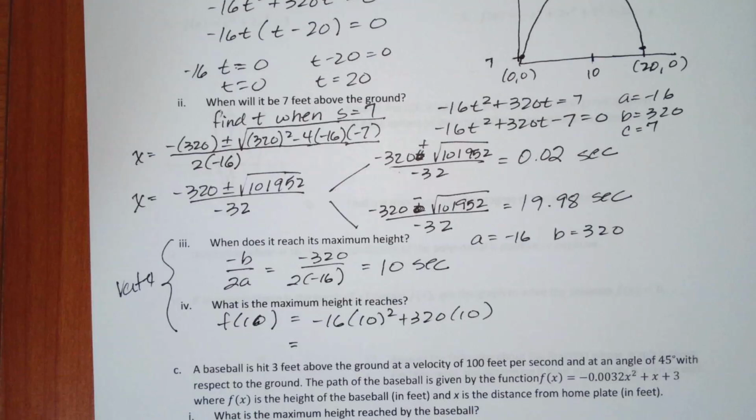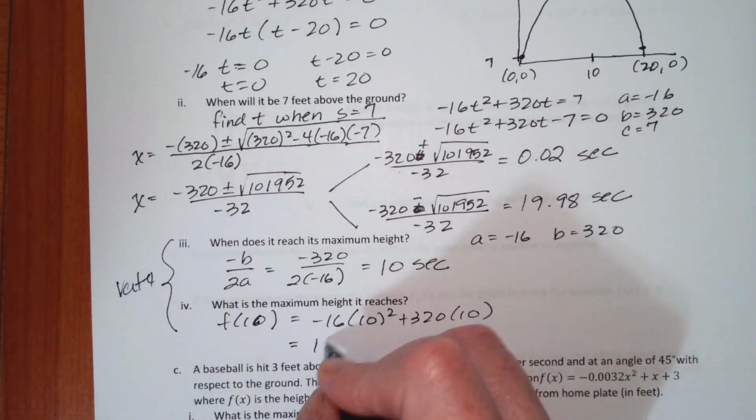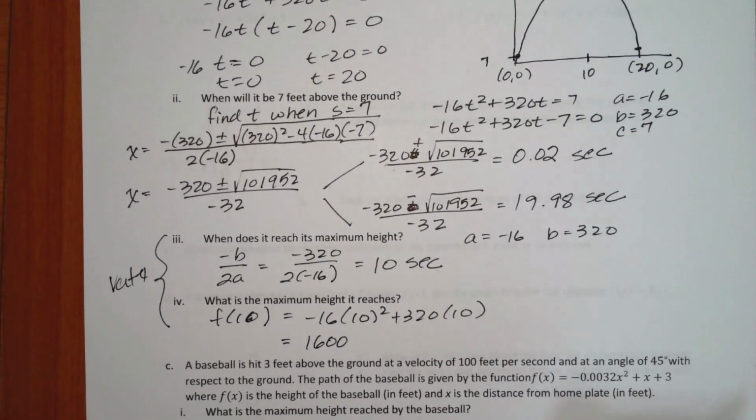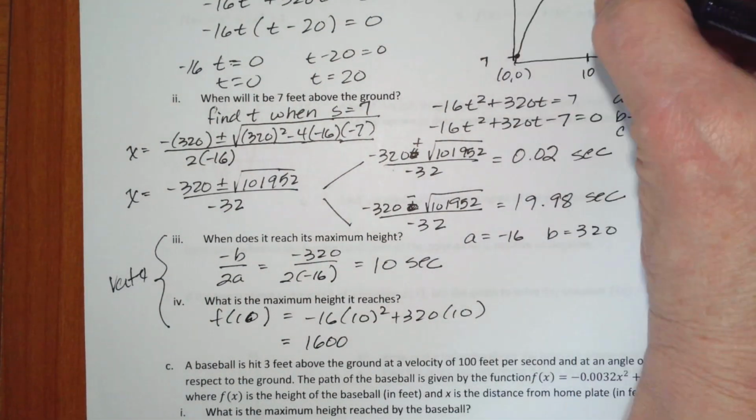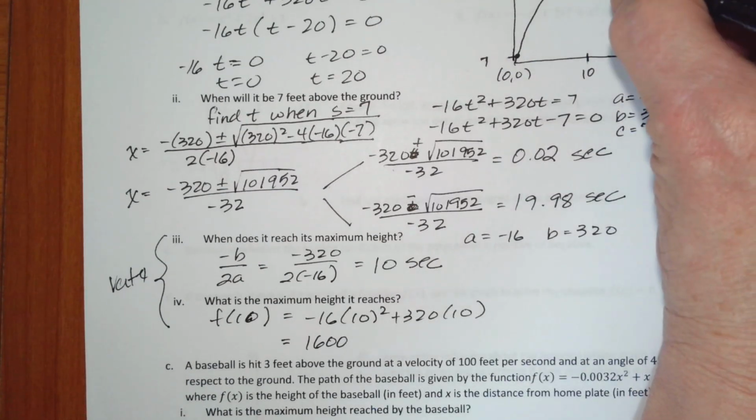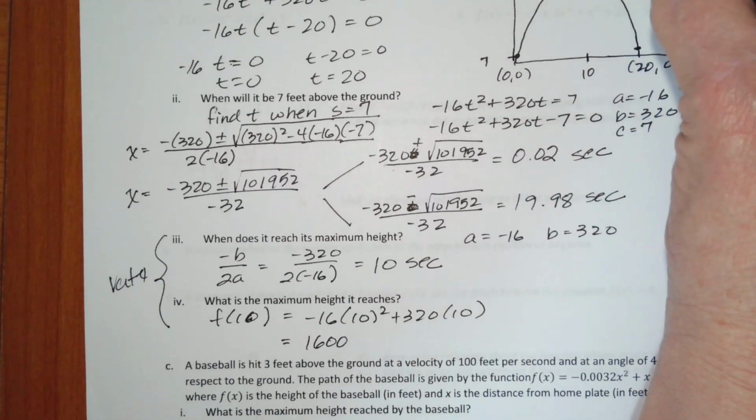So -16 times 100 plus 3200 equals 1600. So this is 1600. So my vertex is 10, 1600.